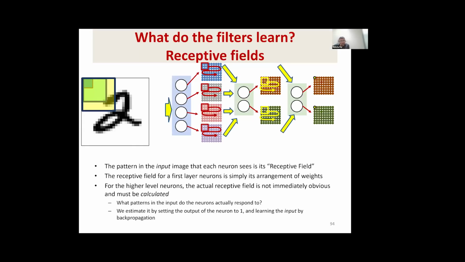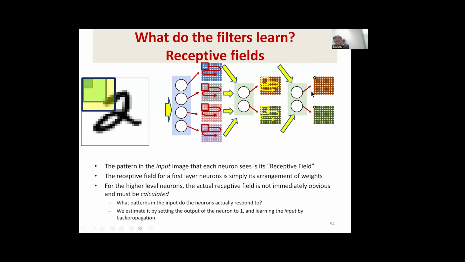So finally, what do the filters learn? Now, when we scan the input, each of these filters responds to some pattern in the input. For the first layer, the pattern that any particular filter is looking for is simply going to be the set of weights itself. So just by inspecting the weights, you know what pattern the filter is looking for.